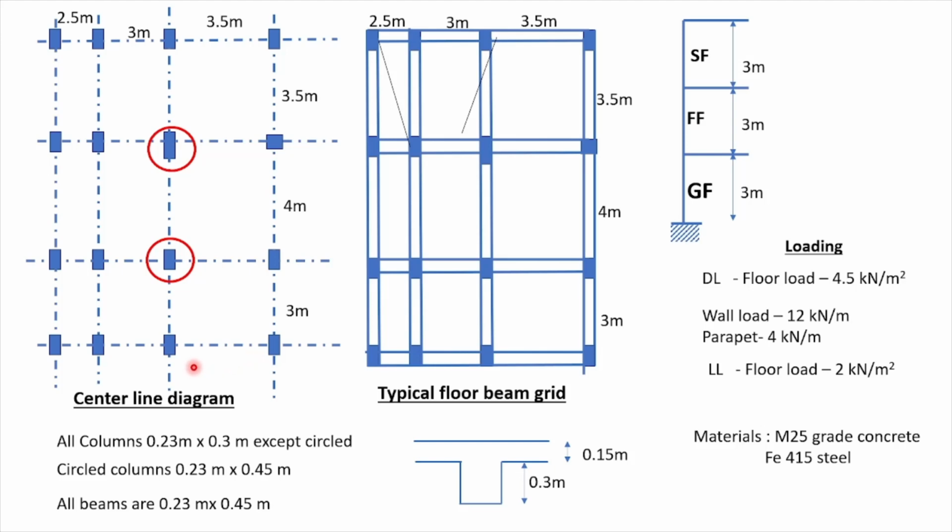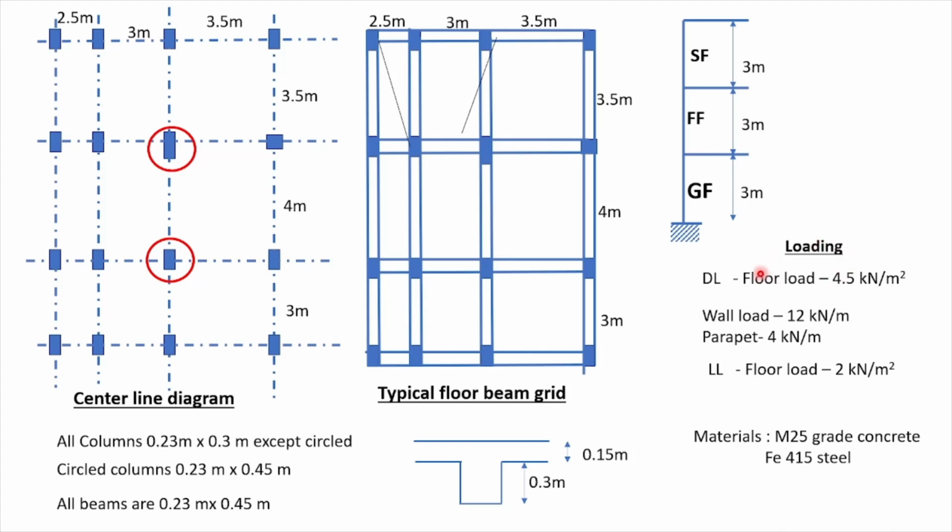For each foot we can keep one inch of depth, so 9 inches depth is sufficient. But for the time being we have just assumed these values, and we are going to design this.